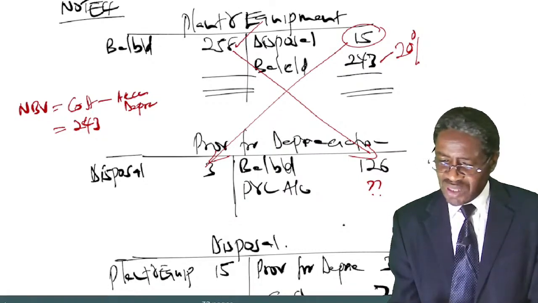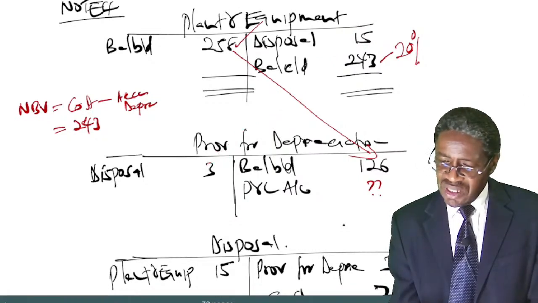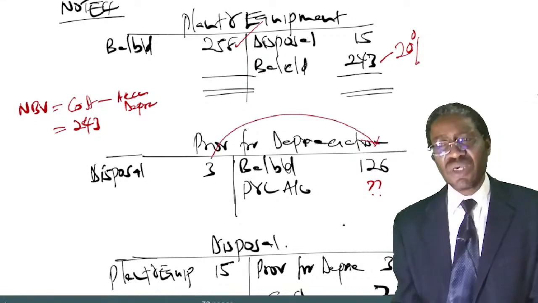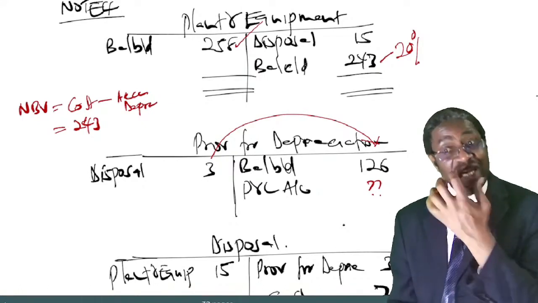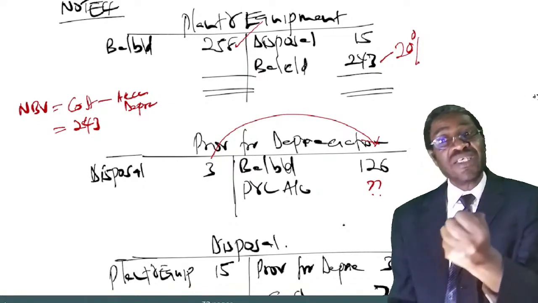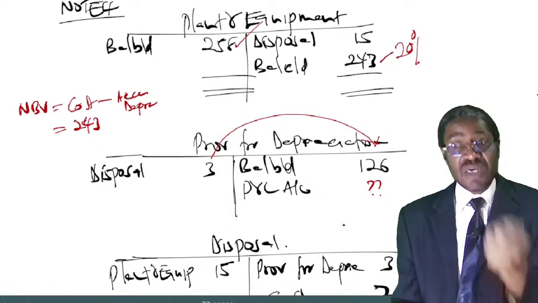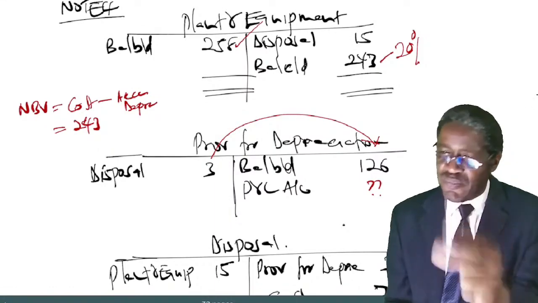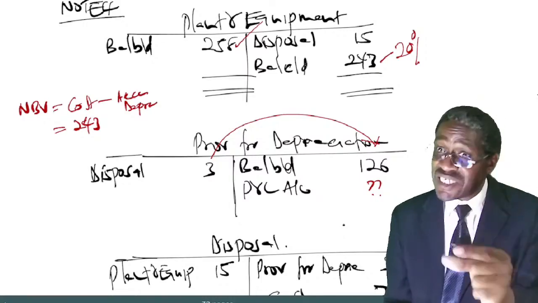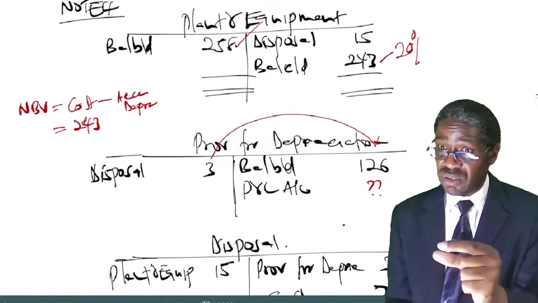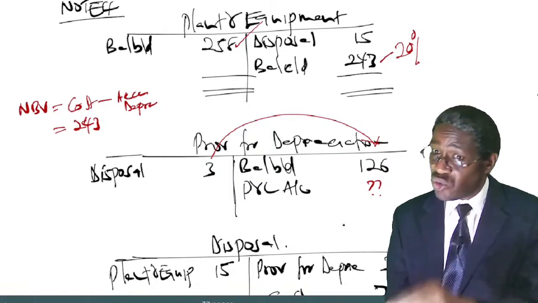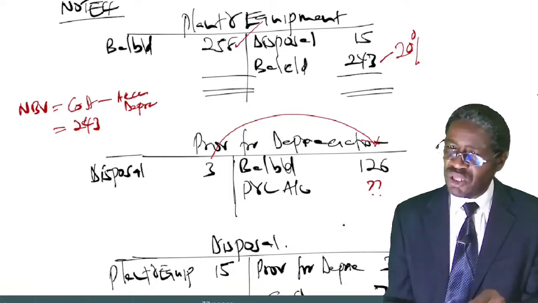So it means if I take this 3 million and subtract it from 126, that would leave me with the accumulated depreciation of the assets not yet sold. 126 is for all of them, but out of 126, 3 million is for the one sold.